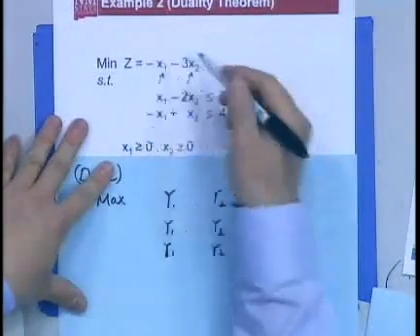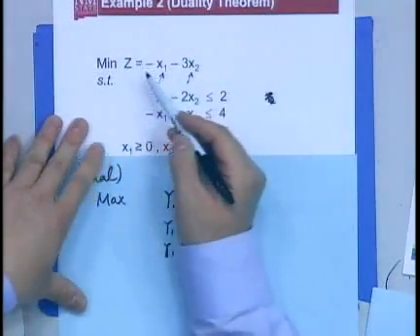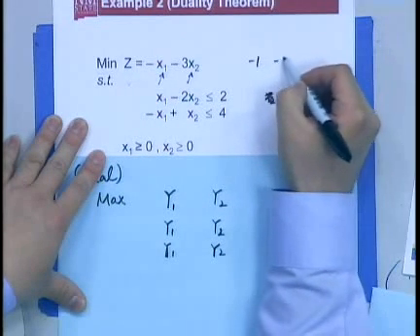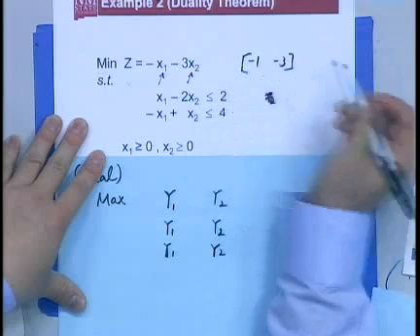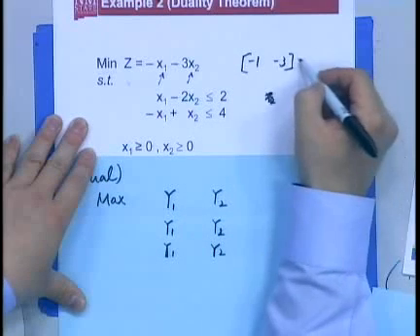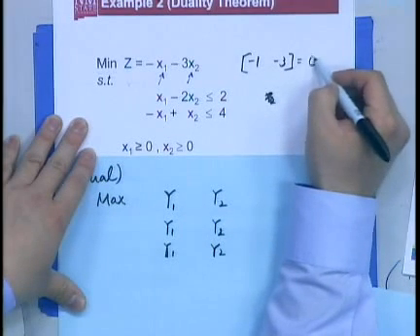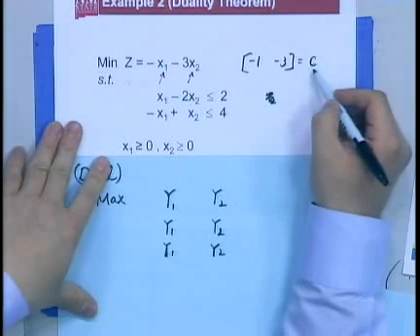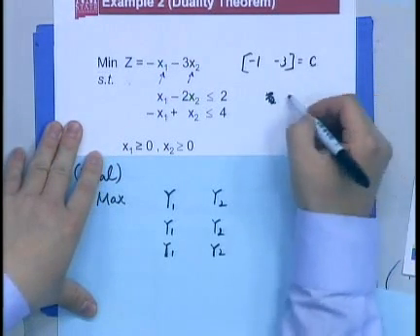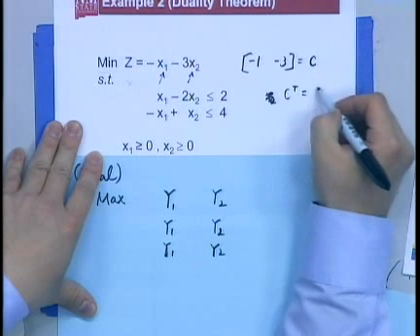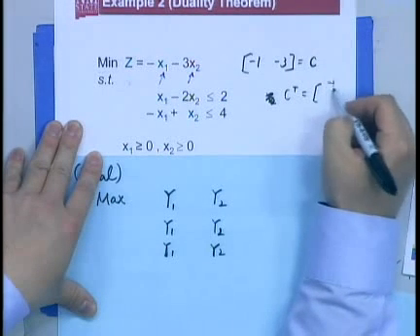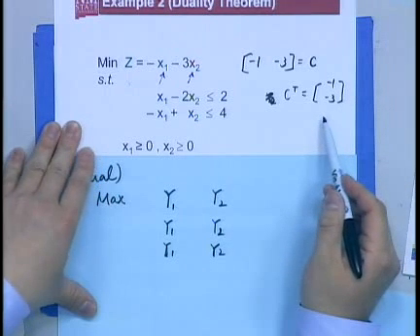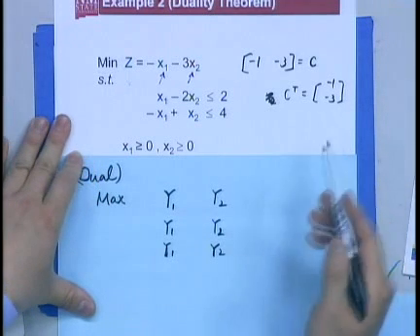And currently the objective coefficient is -1, -3, right? If I say this is c, then c transpose, which is -1, -3, becomes the right-hand side value of the dual problem.